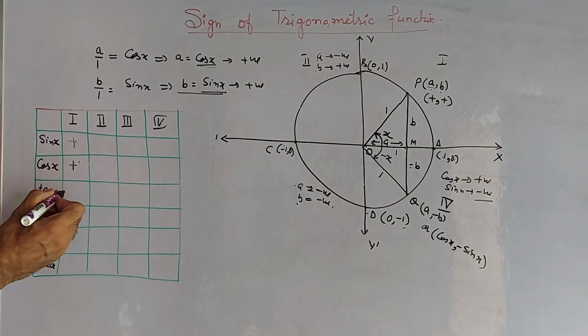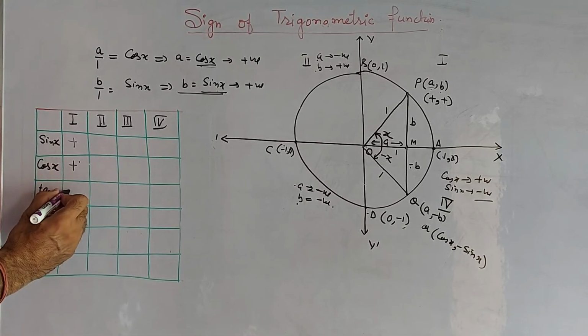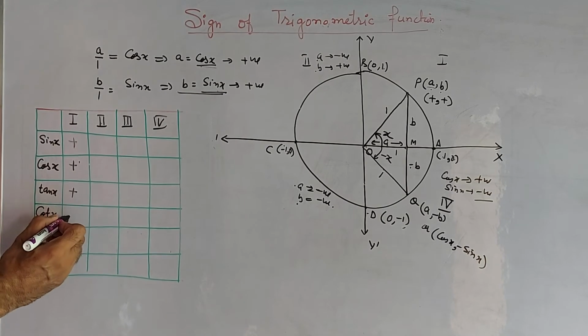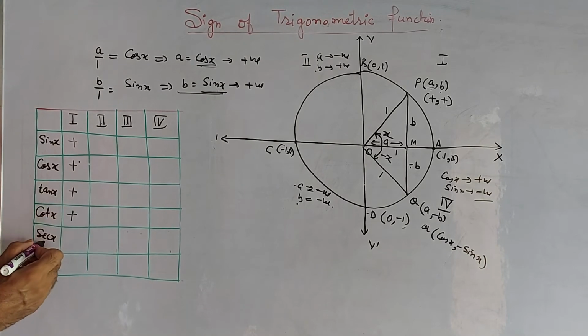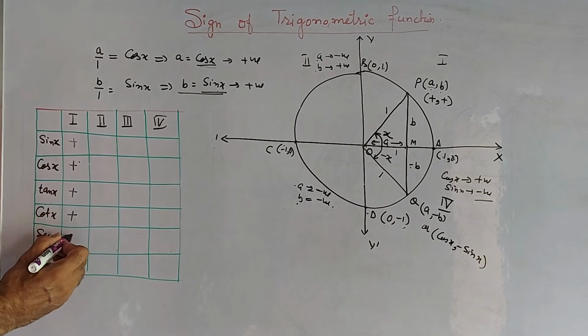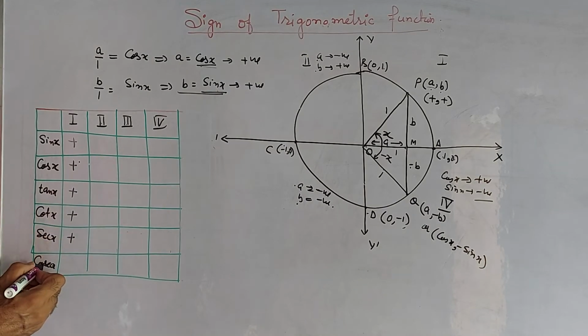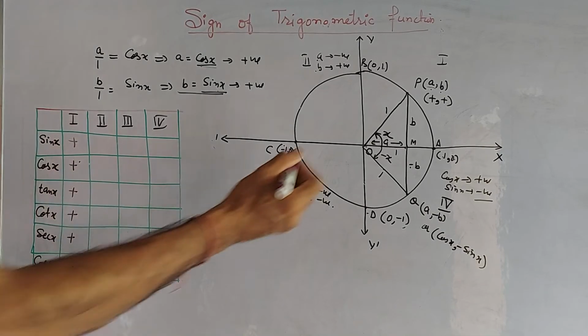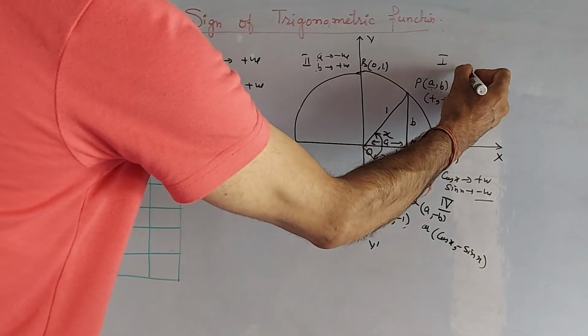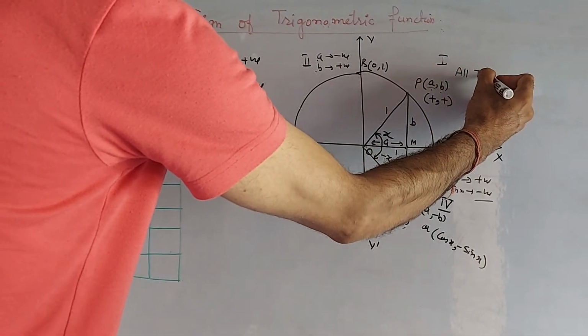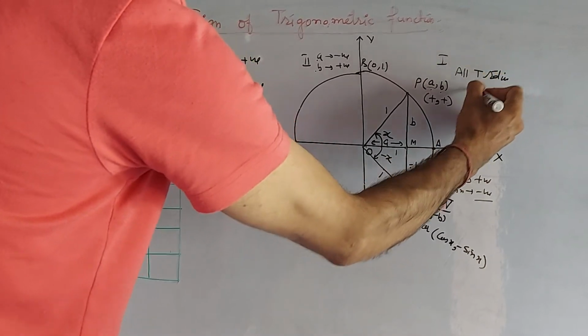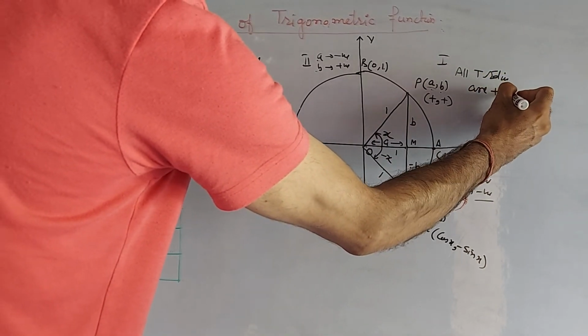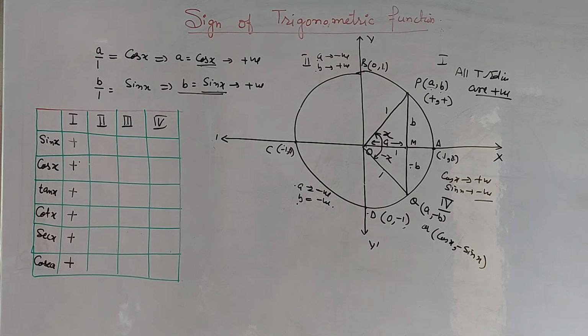Tan x is sin x upon cos x, therefore positive upon positive is positive. Cot x is cos x upon sin x, again positive. Secant x is 1 upon cos x, positive. Cosecant x is 1 upon sin x, also positive. It means in the first quadrant all trigonometric ratios are positive.